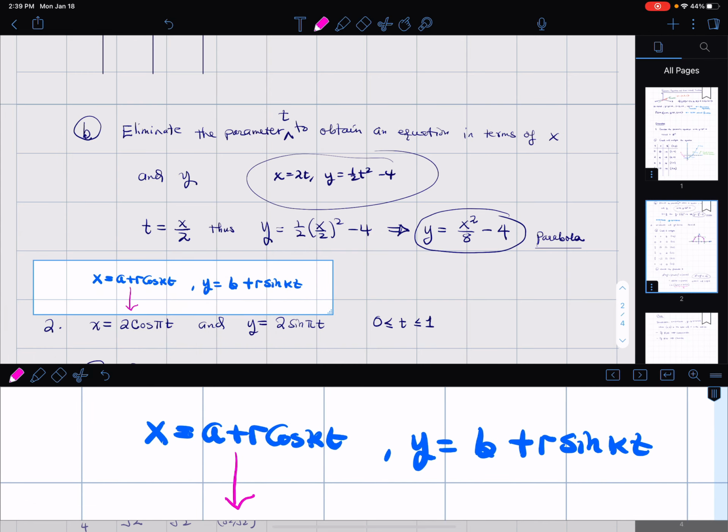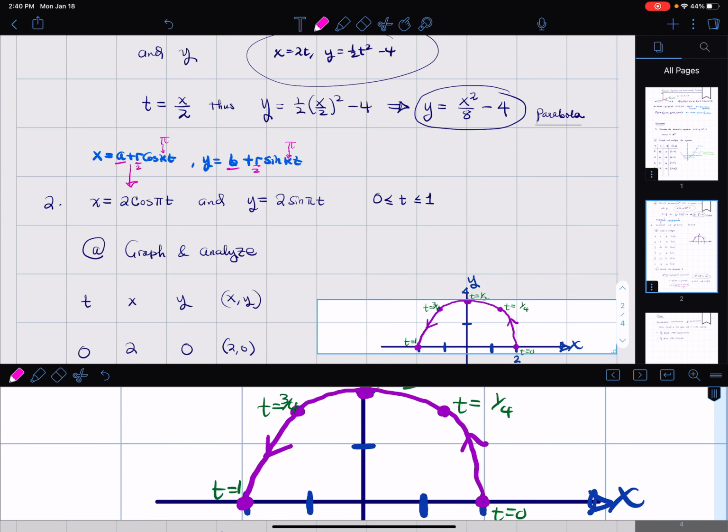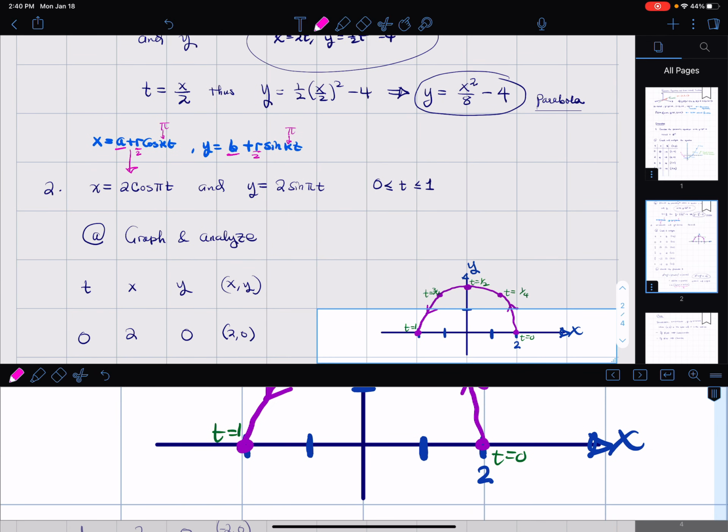You see that our a here is 0. Our b also is 0. The r is 2. The k is pi. Okay. So this is a circle centered at 0.